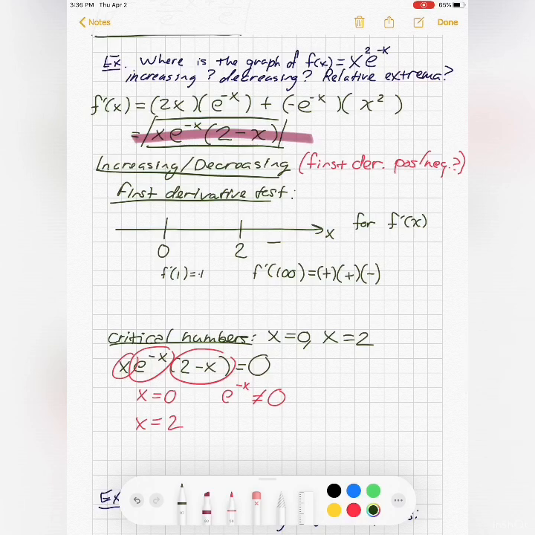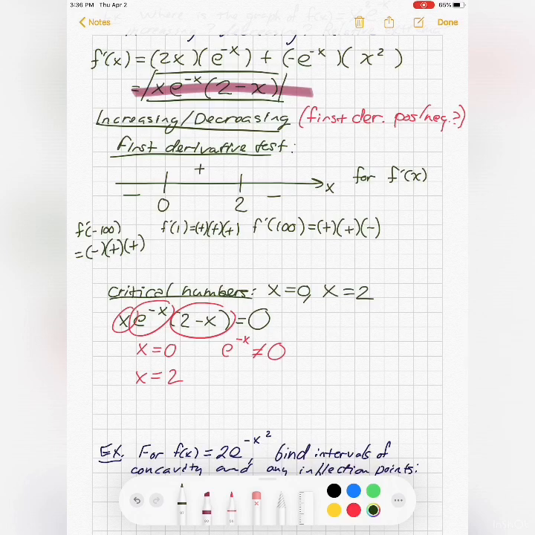Well, 1 is positive, the exponential is always positive, 2 minus 1 is positive. This is positive. What about negative 100? Well, x itself is negative, e to any number is positive, 2 minus negative 100 is 2 plus 100 is positive. This is negative.